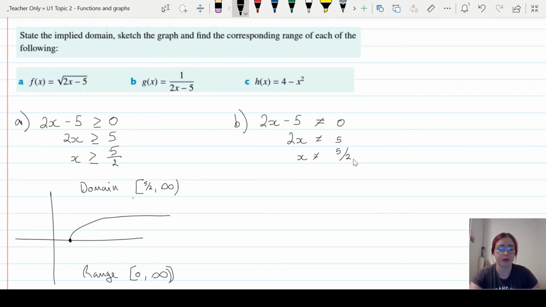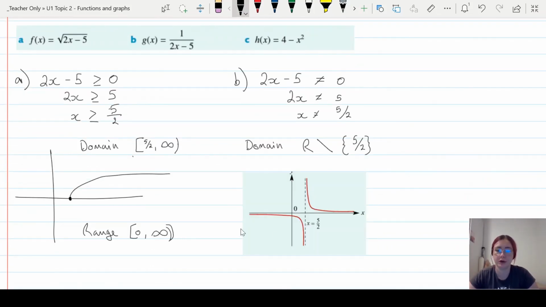I'll show you what this kind of graph looks like, just so you can get an idea, but what this effectively means is that because x can take on any value other than 5 on 2, we would write our domain as being real numbers excluding 5 over 2.